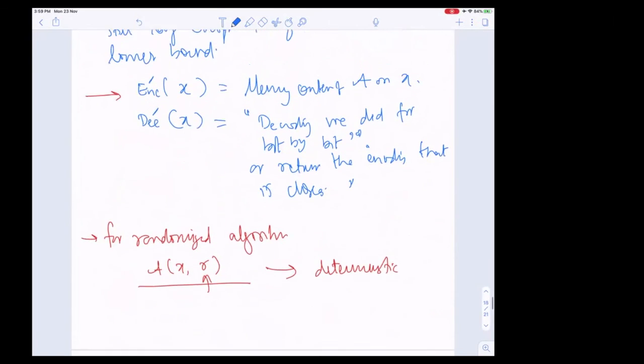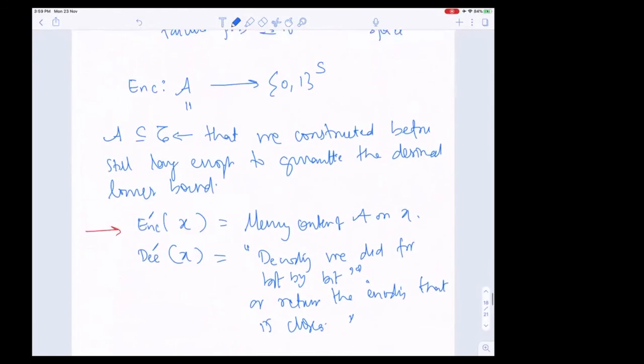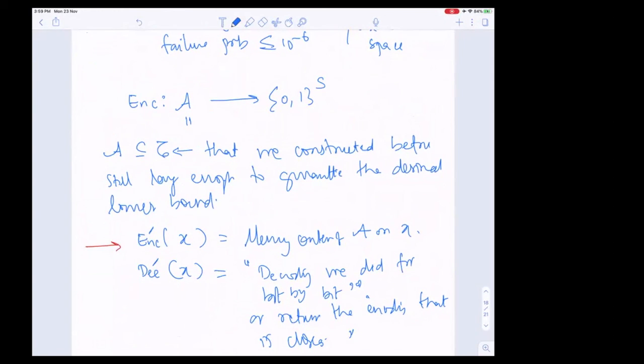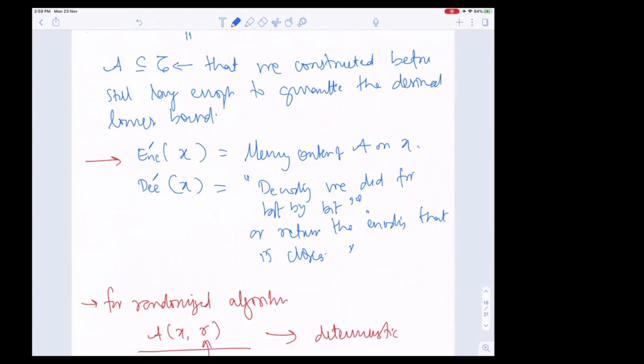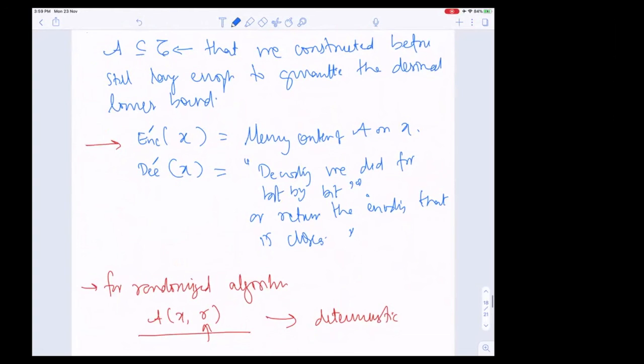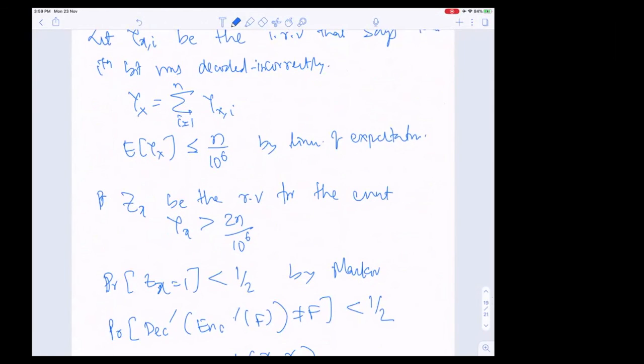If you go back here, we first said, given X, let's define this encoding prime of X. Whatever may be the X, decoding prime fails at roughly n over 10 to the power 6 places, and for very few strings it fails.